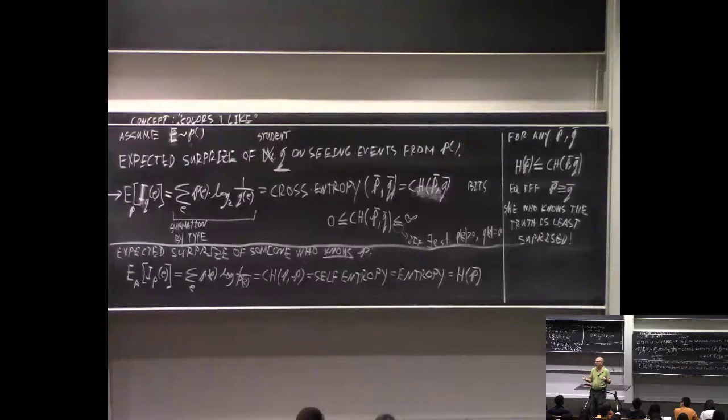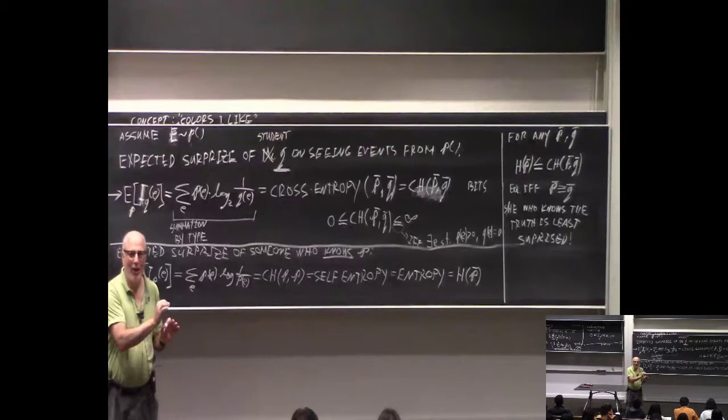But it's going to be lower than the surprise of somebody else who didn't learn them as accurately as we did. So we can actually make progress in small amounts. We can become closer and closer to more accurate. It doesn't mean we're going to head towards zero surprise.